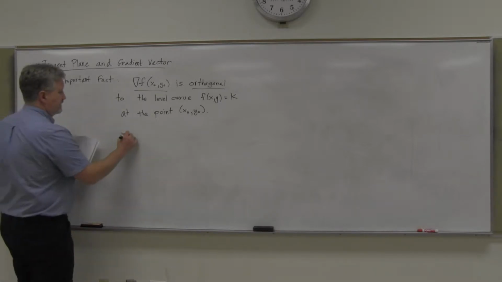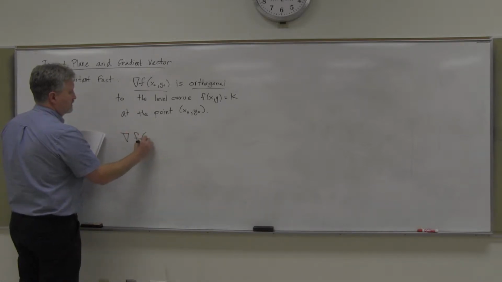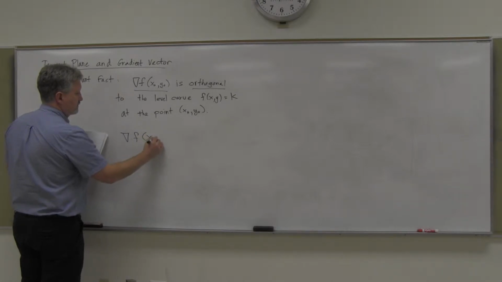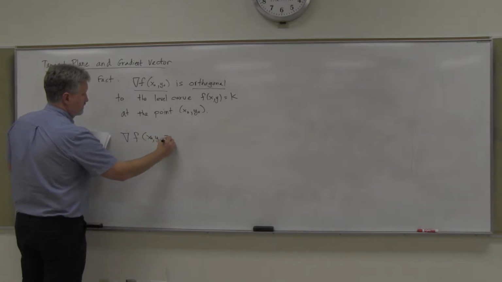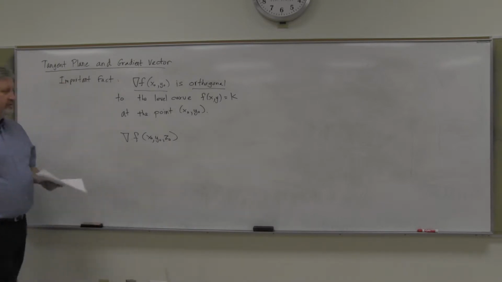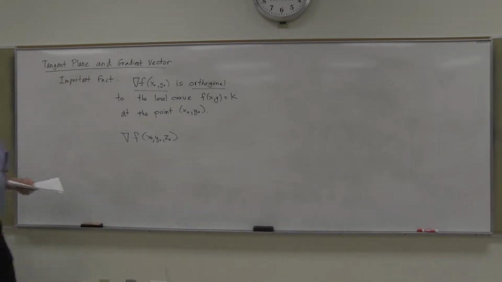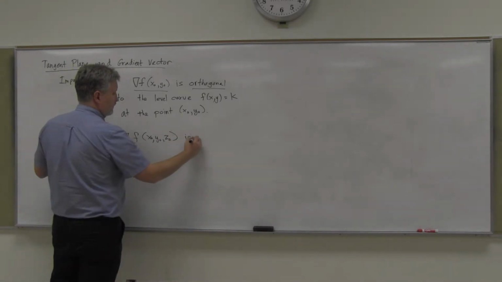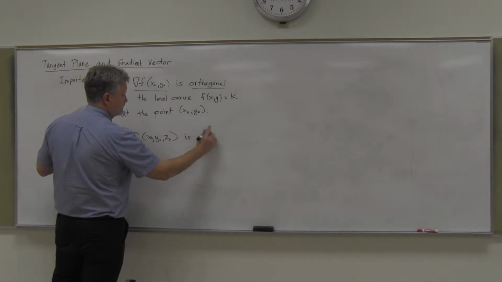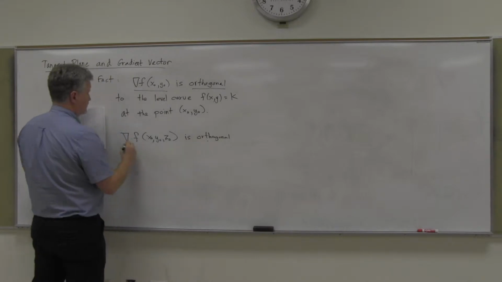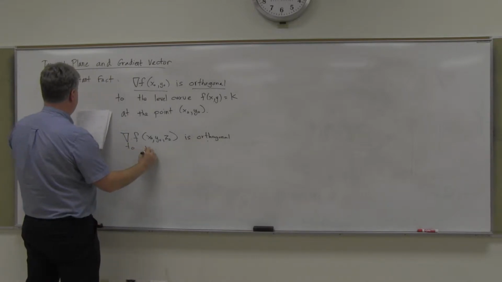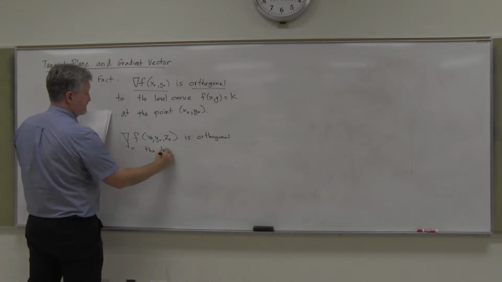And then you can also go to the three variable gradient. That's also orthogonal to the surface, the level surface.